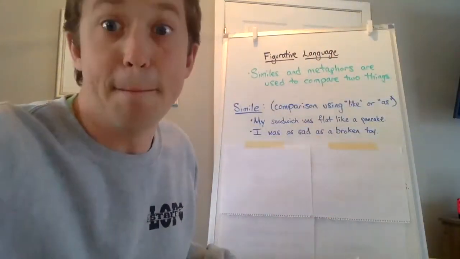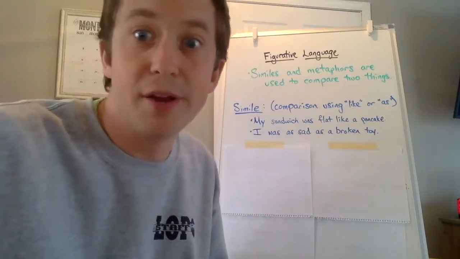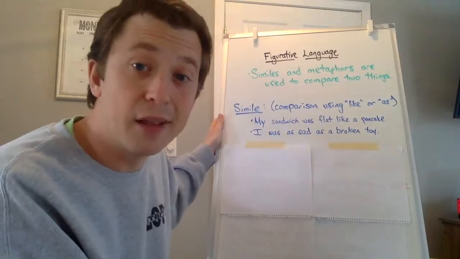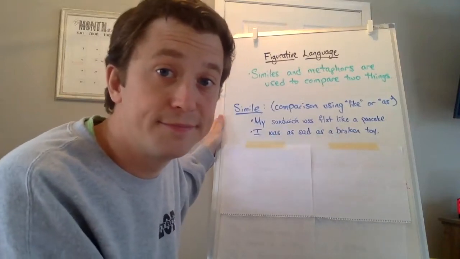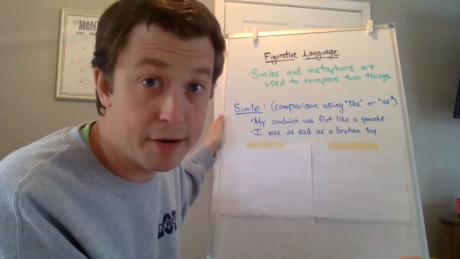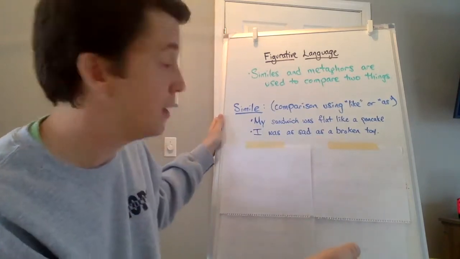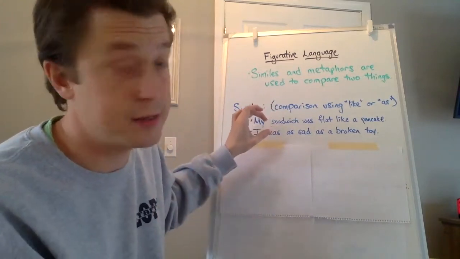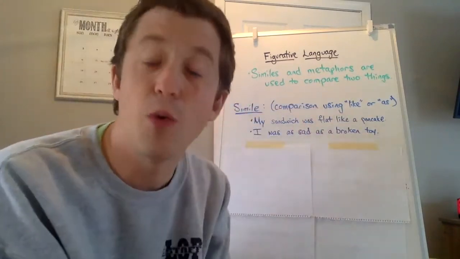So my sandwich, which had been run over, was flat like a pancake. So again, this is a comparison. We're comparing my sandwich, my breakfast sandwich to be exact, to a pancake and what a pancake looks like.